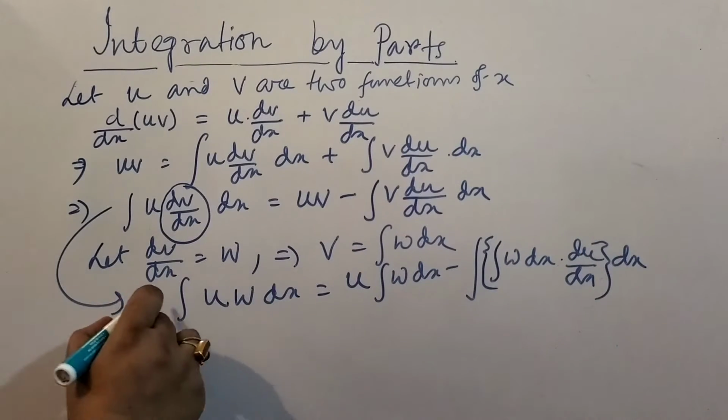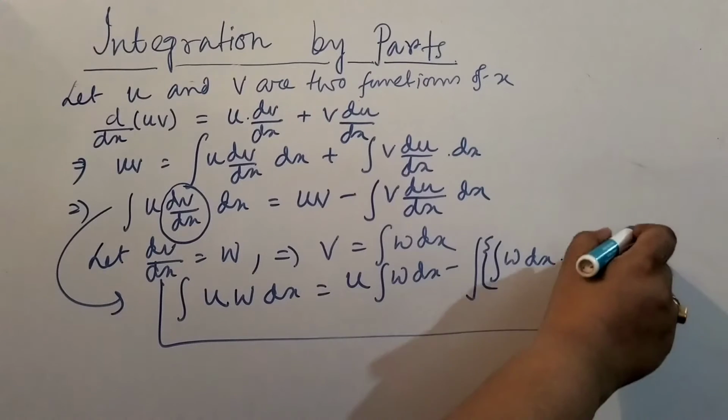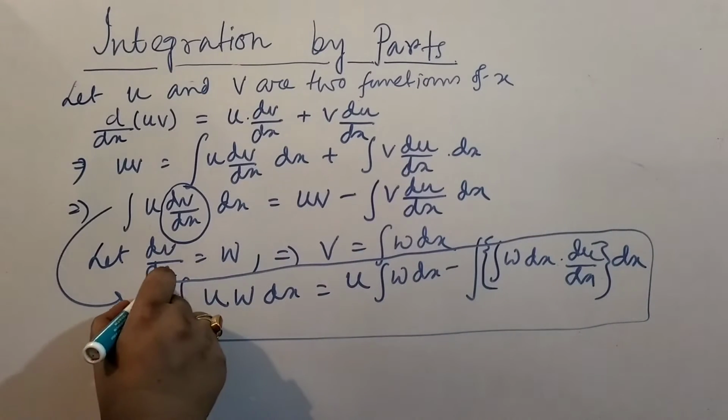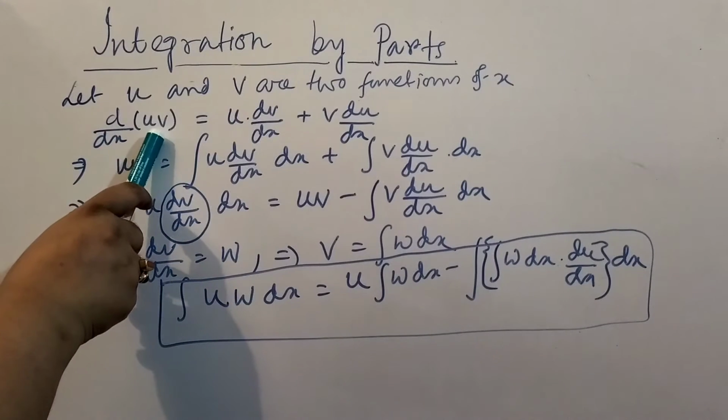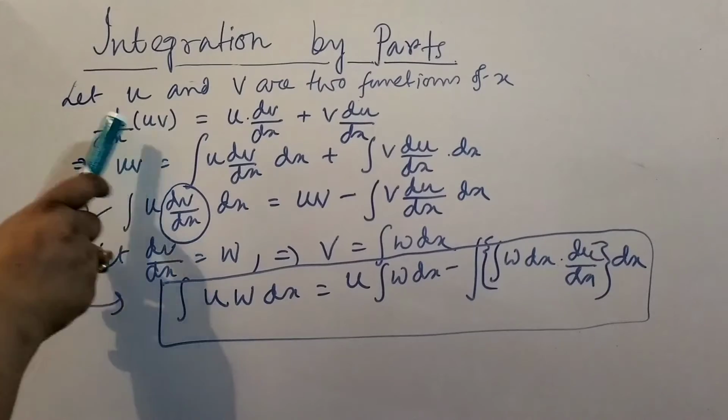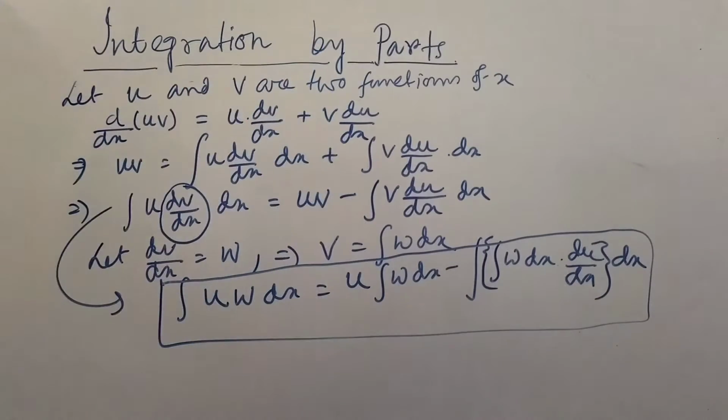So this is the format or rule by which we have to integrate the product of two functions of x, or of some other variable, by the process of integration by parts.